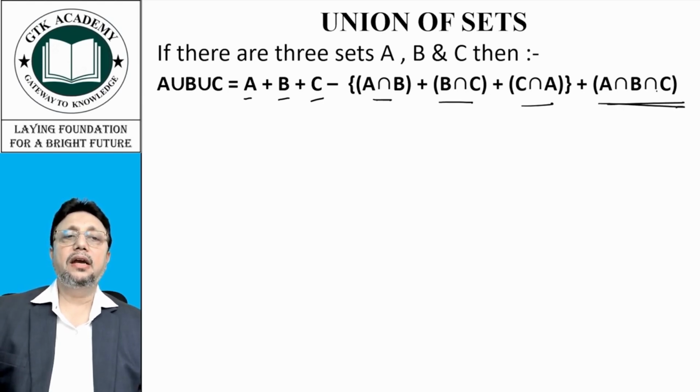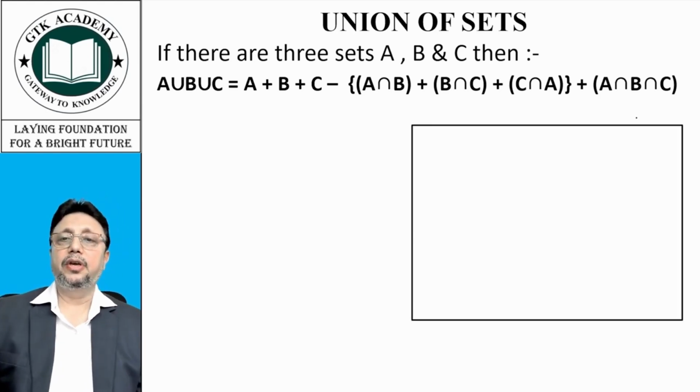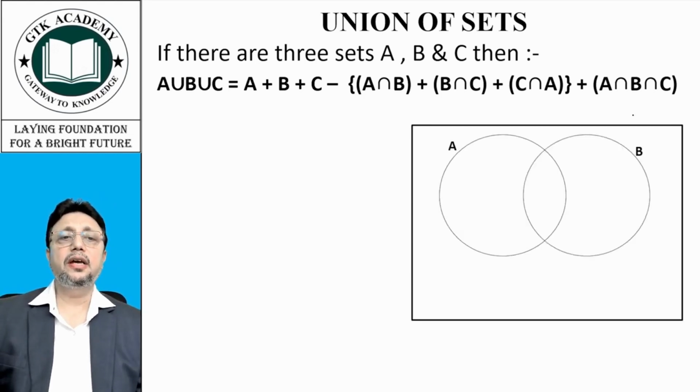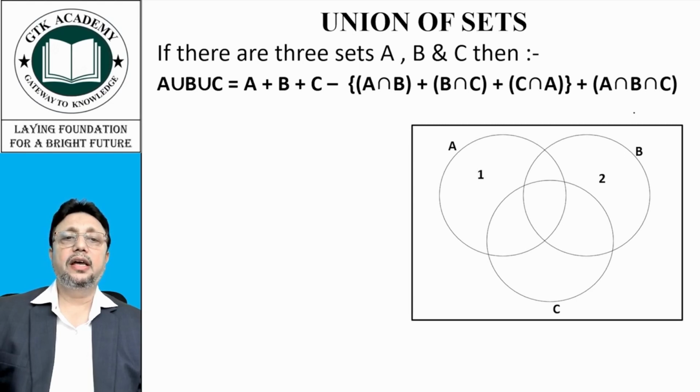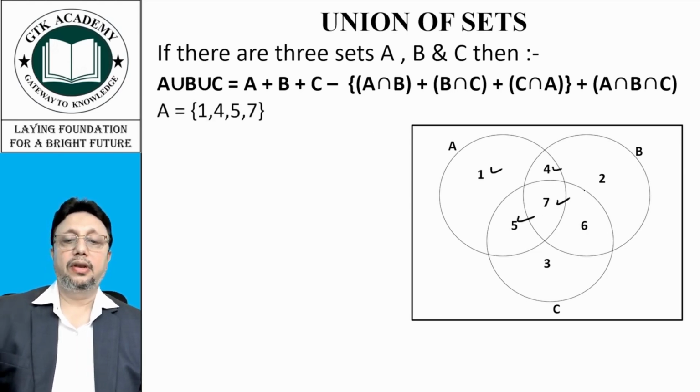add intersection of 3 sets, all the set. That means if this is A, B, C, mark all this area like 1, 2, 3, 4, 5, 6, 7. Now A is 1, 4, 5, 7.